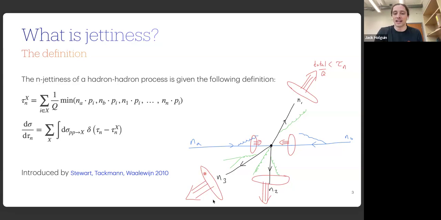This is like we collate all the radiation going along n, and look at its light cone momentum down the direction n. If it's fully collimated, that will be 0. And so the jettiness will give you a value of 0. If it's very diffuse and going off in all sorts of directions, it will be much larger than 0. And this was introduced by Stewart, Tackmann and Waalewijn in 2010.